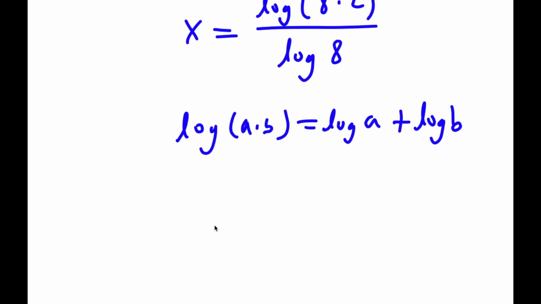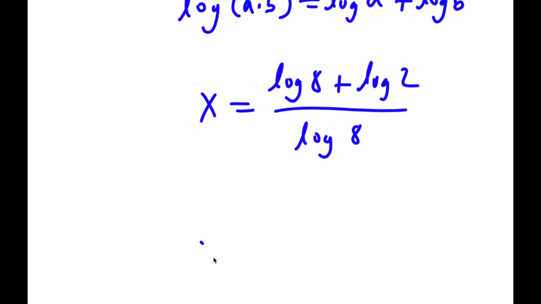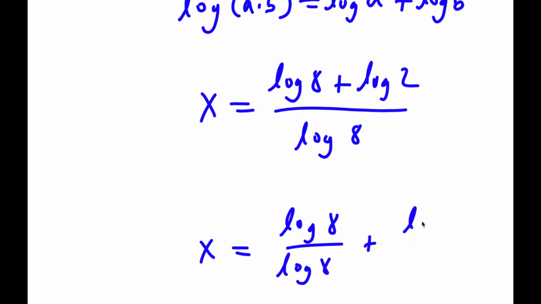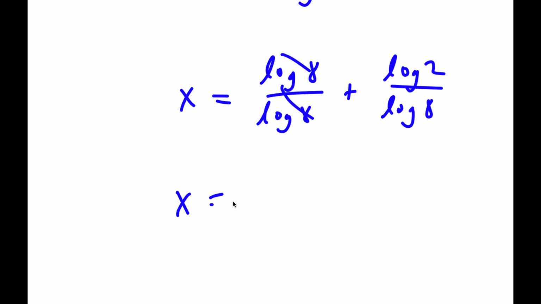So in this case, log 8 times 2, that's going to equal log 8 plus log 2 over log 8, which is the same thing as log 8 over log 8 plus log 2 over log 8. And log 8 and log 8, these two cancel out, so now I have x is equal to 1 plus log 2 over log 8.